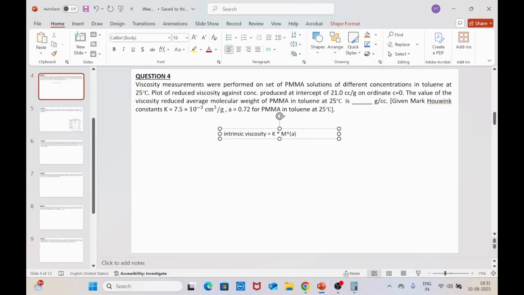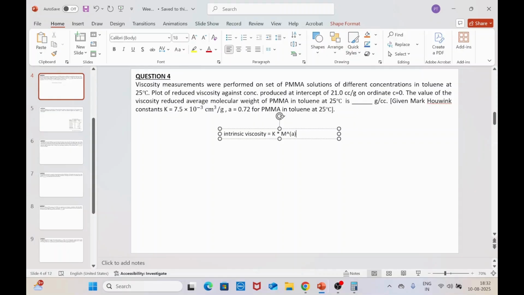K is your constant, and a is again your constant. As I said, they are specific for a particular polymer-solvent system at a particular temperature.